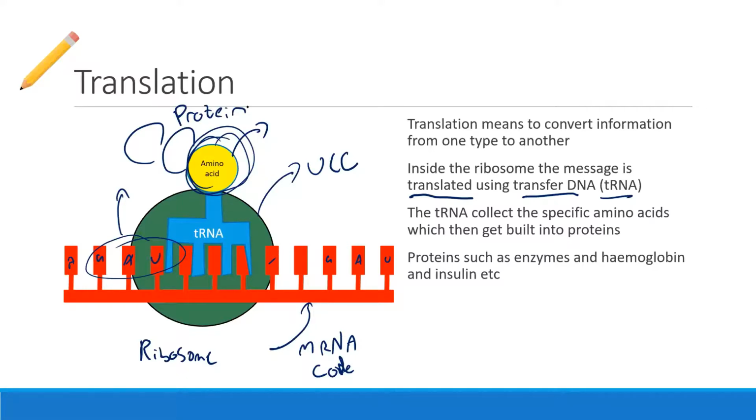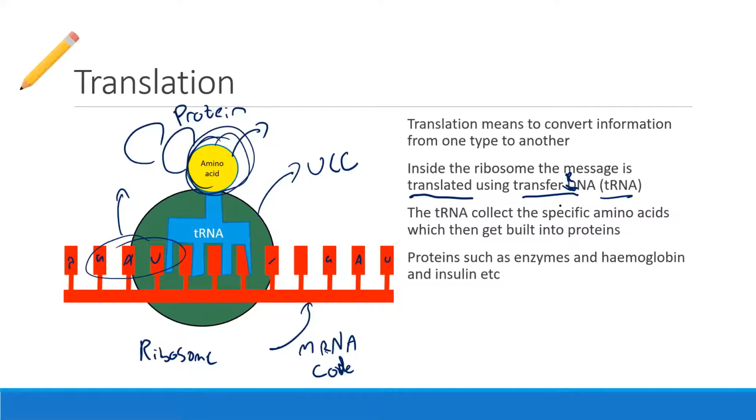Essentially what the ribosome is doing is changing this code into a protein. It does that by reading the code using tRNA. Transfer RNA, not transfer DNA. And every time it reads it, it'll build up a new amino acid.